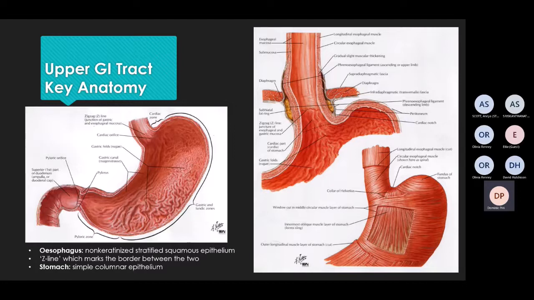So after you eat something, the esophagus peristalses, squeezing food down into the stomach, and the lower esophageal sphincter relaxes, and then it contracts to prevent chyme, which is a mixture of food and stomach acid and digestive enzymes, from going back up into the esophagus.